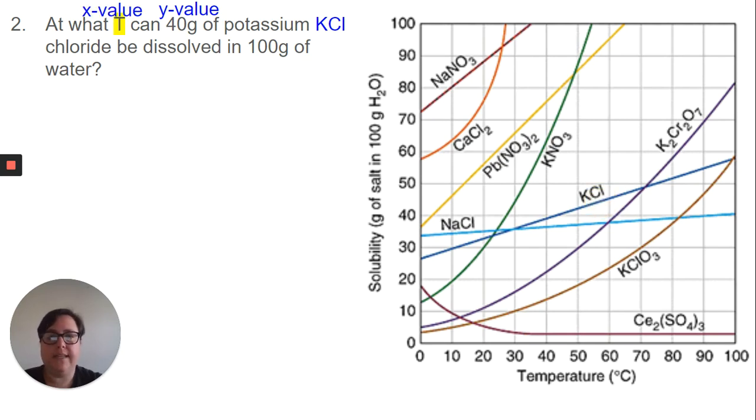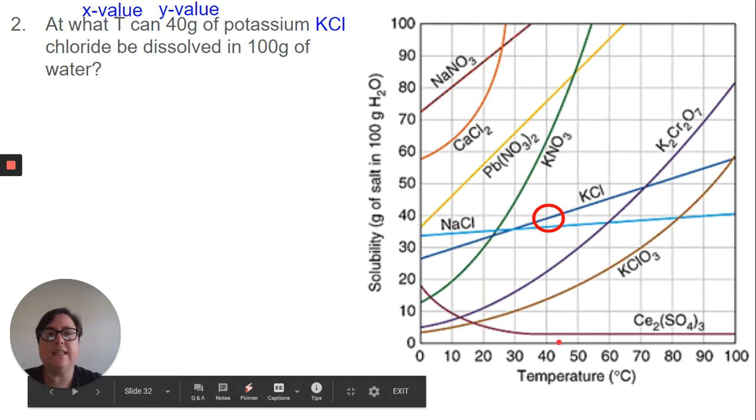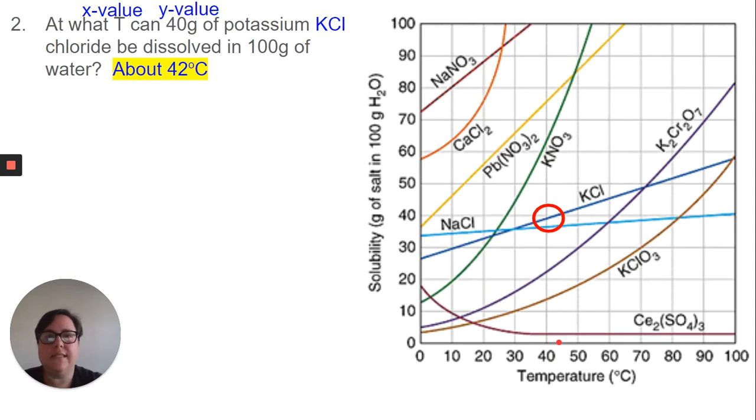So we're going to focus in on 40 grams that's on our KCl line. And it's about right here. So when we see it cross 40 grams, we're going to come down and we're going to read what that X value should be. And it's about 42 degrees Celsius.